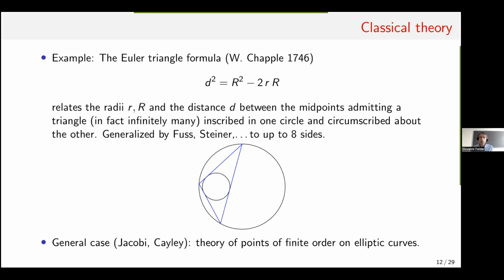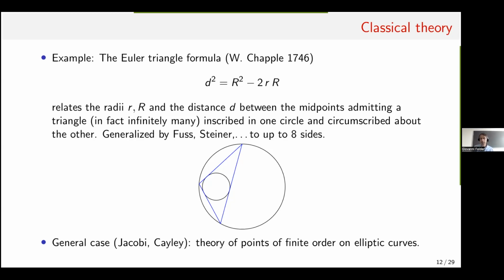It's the so-called Euler triangle formula, in which you consider two circles, and you ask for which position of the circles you have a triangle which is inscribed in the outer circle and circumscribed about the smaller circle.